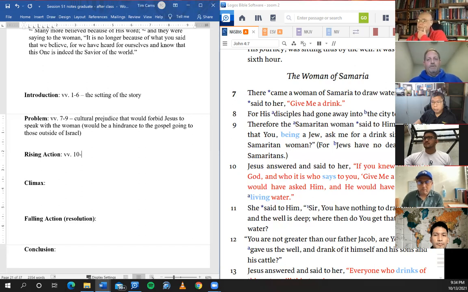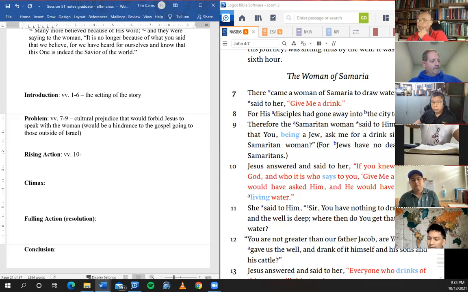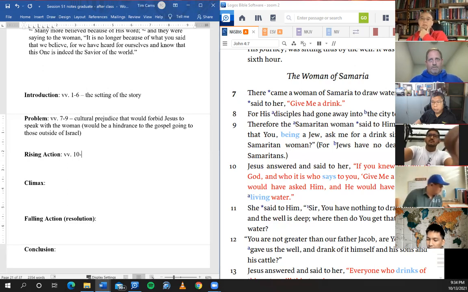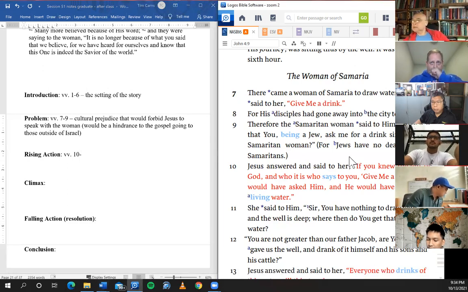That would be where the problem grows, or the story continues towards a climax of the problem. Where would the rising action be in this story, you think?